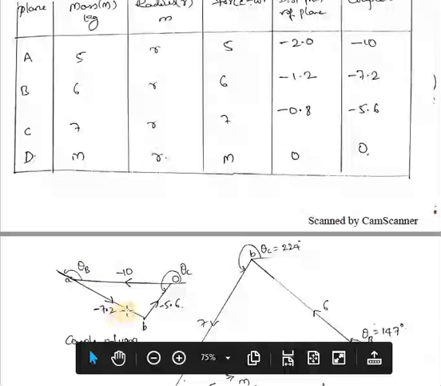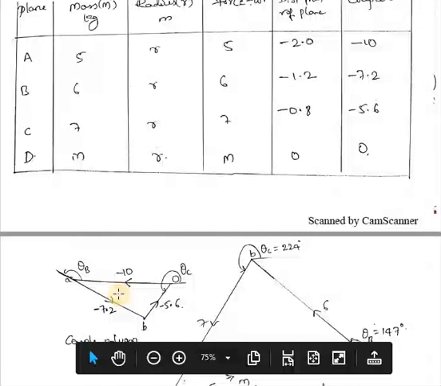Draw an arc towards the downside because that value is also with a negative sign, so we need to go in the opposite direction. So draw an arc here. Don't draw the arc above this horizontal line. Then take 5.6 as radius, this O as center point, and draw an arc to get this point B. Then join these points to get the complete polygon.